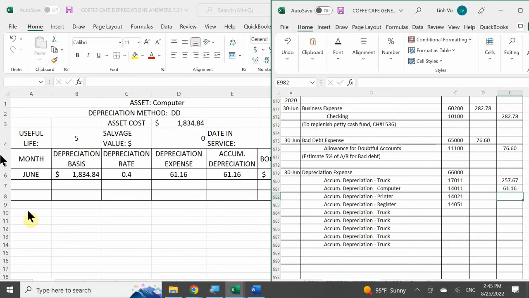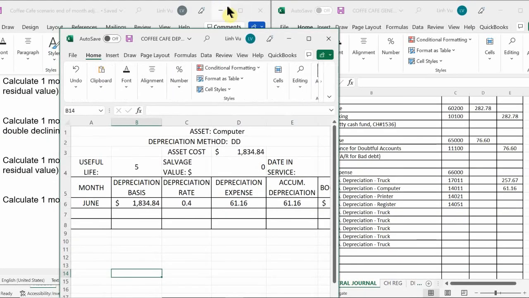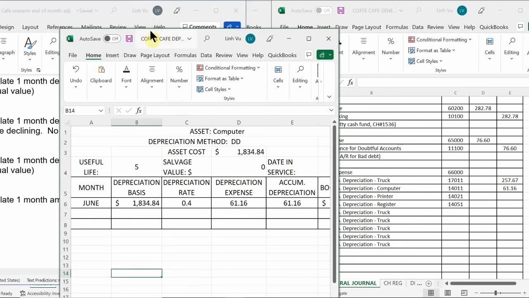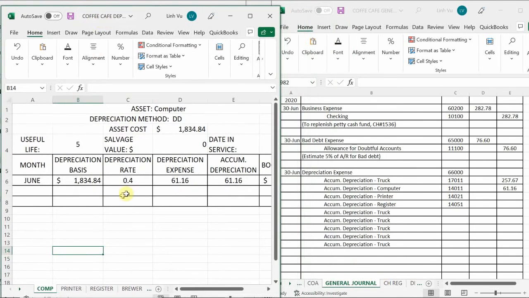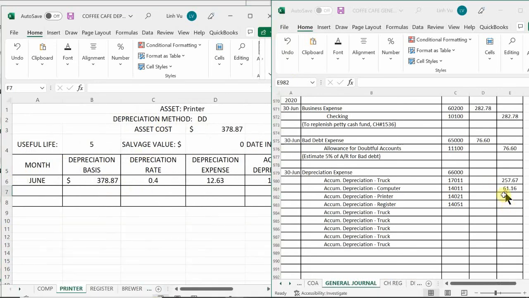Okay. So my computer was $61.16. What was my printer? How much depreciation for my printer? $12.63.